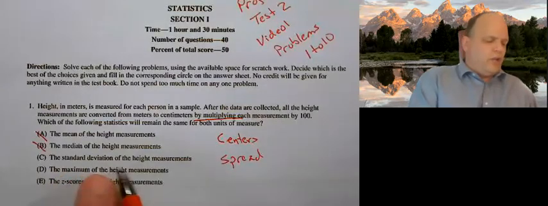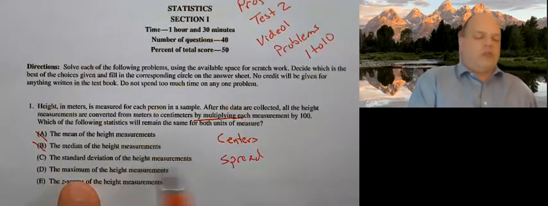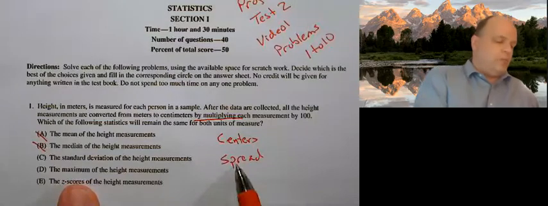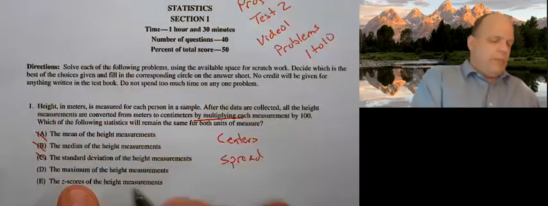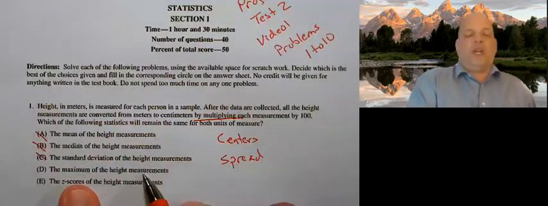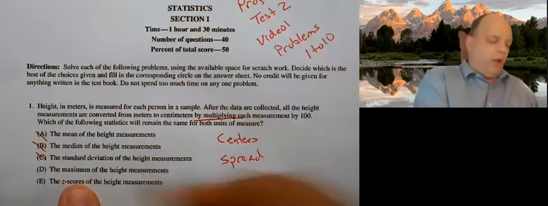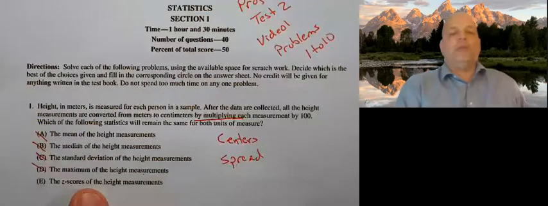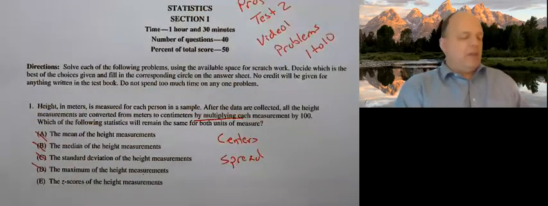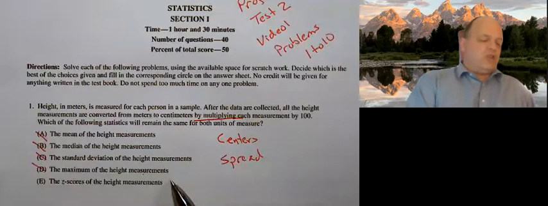The standard deviation of the height measurements will change because measures of spread change by the multiple. The maximum of the height measurements will change because if the tallest thing was 10, we multiply by 100, it's now 1,000. So the maximum changes, but the z-score does not change.